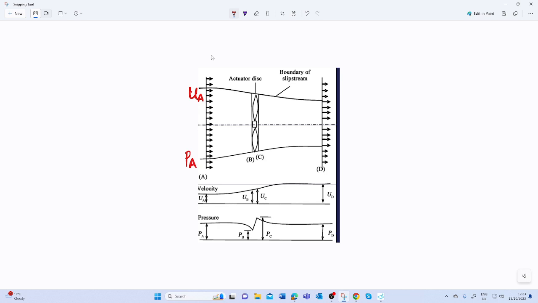Also, we can establish that the velocity here is UB, and the pressure at this point is PB. Also, there will be UC here and PC here.